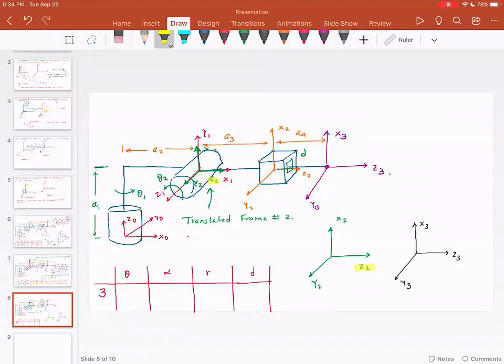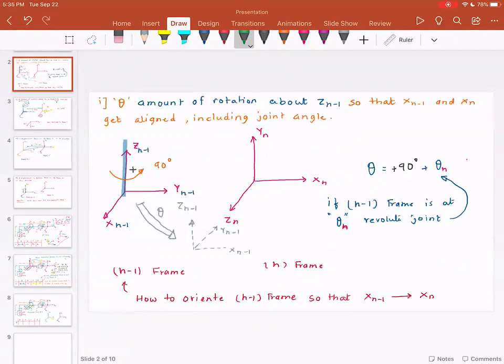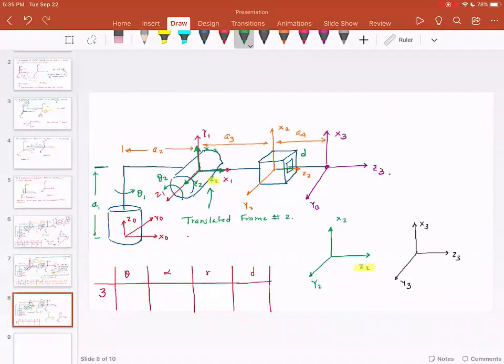But if you think about the way I have drawn this, they are already aligned, so I don't have to worry about it. X3 and X2 are already aligned, so I will get 0 here. There is no joint angle, there is just a prismatic joint variable, so there is no theta 3, so to speak.